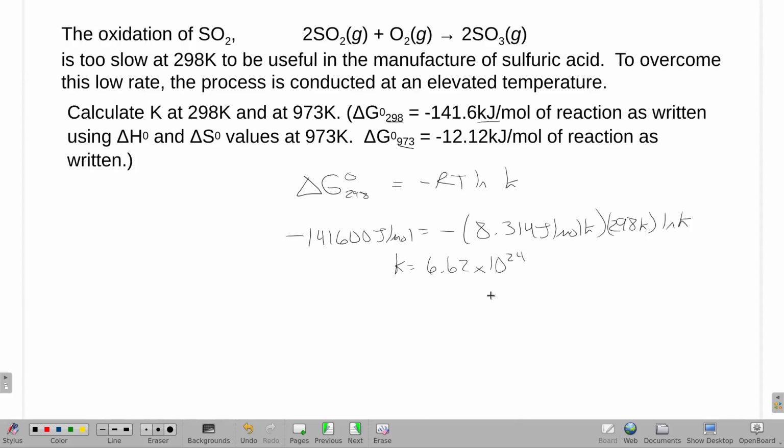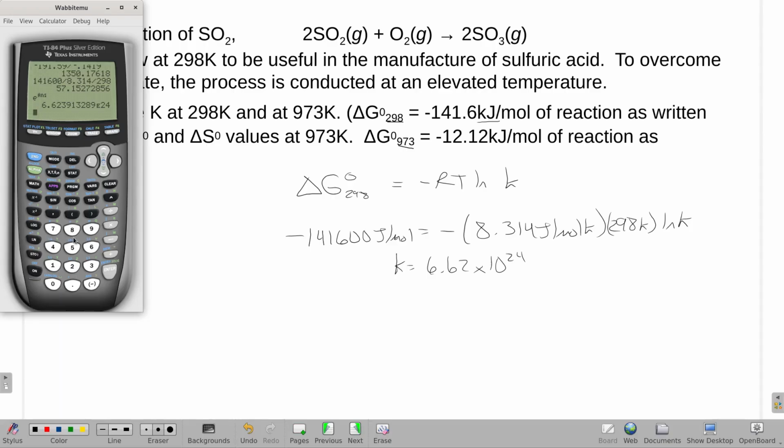Alright, now, the other one's not going to be nearly as large a K. See how much smaller the delta G is? But it's still going to be a favorable process. So, what we're going to do is the same type of calculation. 12,120 divided by 8.314. But this time, our temperature is 973.